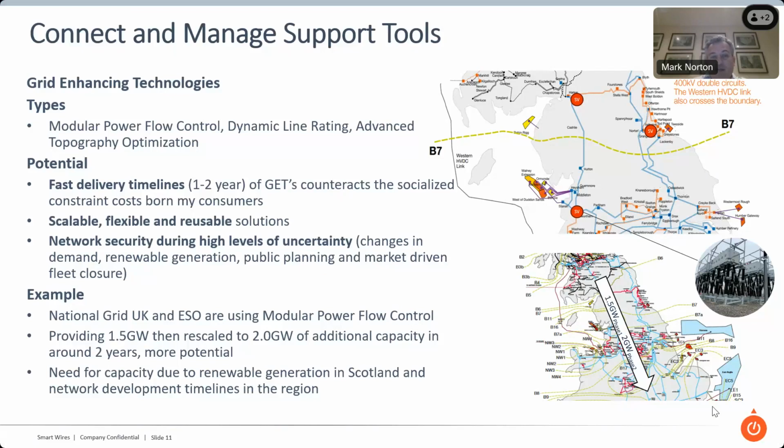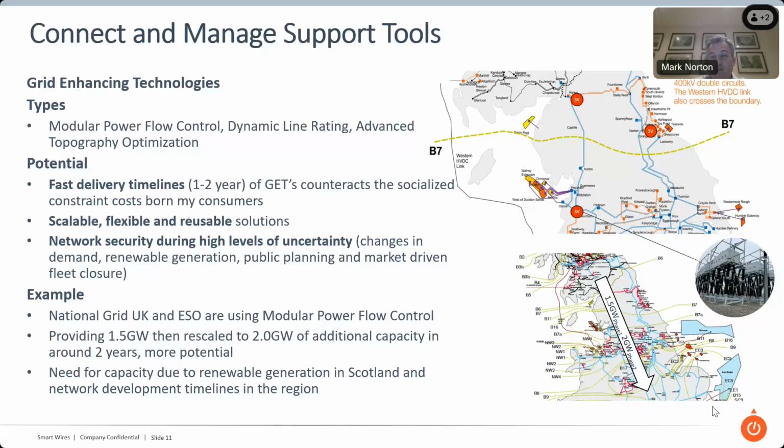Just as an example, I've thrown in National Grid ESO in the UK, because we were talking about connect and manage primarily in GB. They are using modular power flow control. It is providing 1.5 gigawatts, and it's been rescaled to 2 gigawatts of capacity. It was delivered in around 2 years, so there's more potential there.